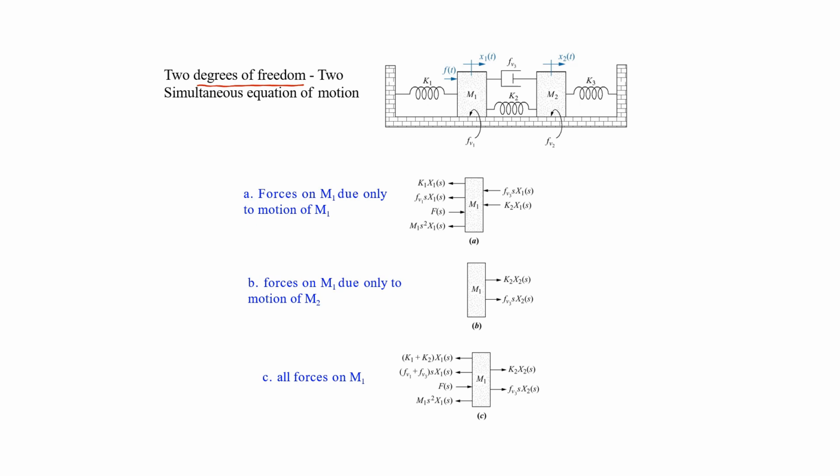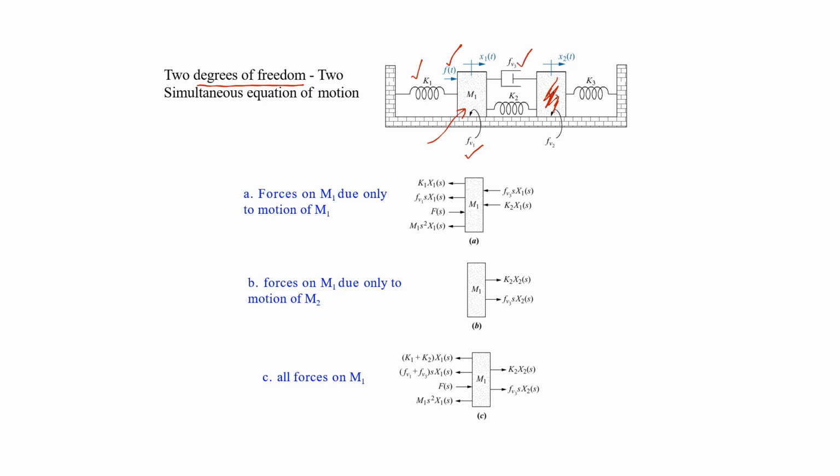and firstly we will consider only those forces which act on m1 due only to the motion of m1. So it means that we hold m2 still, and now we want to find out how many forces are acting on m1 when we move only m1. So we can see that one is the force due to the applied force, the other is due to this spring, the other is due to this friction, the other is due to the mass itself, and there are two other forces.